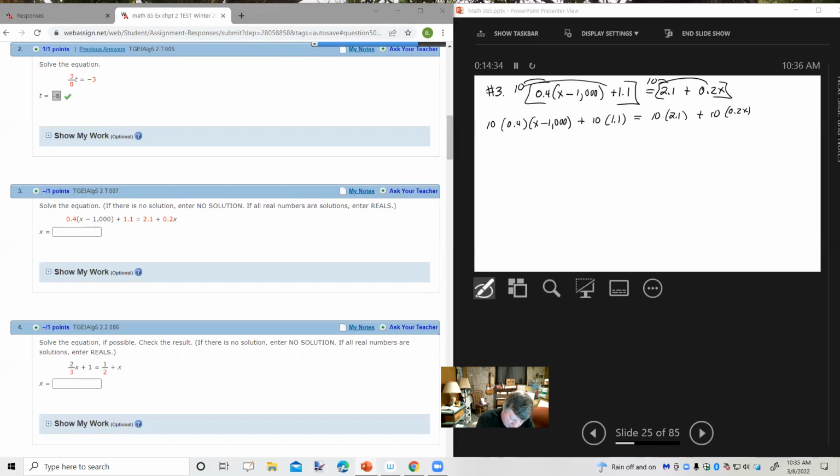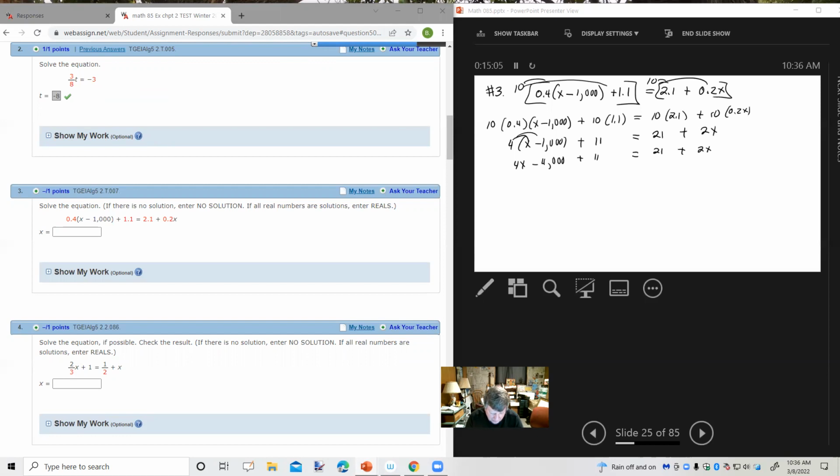So on the left side, 10 times 0.4 would be 4, which then gives me 4x minus 4,000 plus 10 times 1.1 is 11. 10 times 2.1 is 21. 10 times 0.2x is 2x. So now I've cleared the decimals.